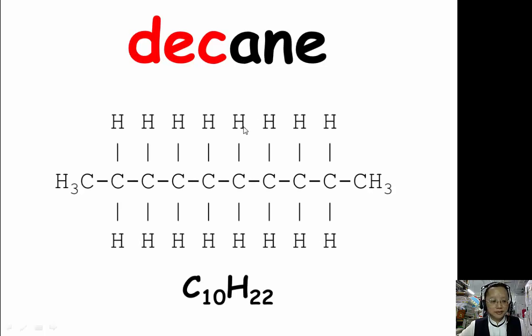Decane means a hydrocarbon with no double bond, and this hydrocarbon has 10 carbons. Then it's a decane. The suffix ane means a chain of carbon atoms with no double bonds. This suffix ane was proposed in the 19th century by German chemist August Wilhelm von Hofmann.